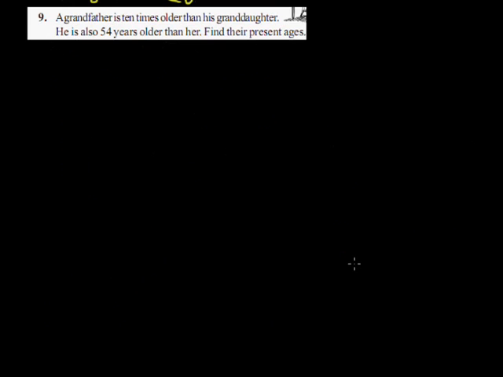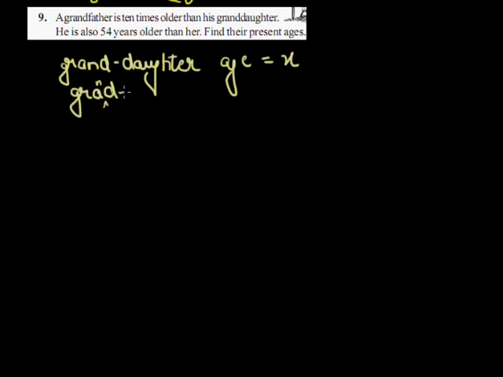Okay, the next question, the 9th question. Grandfather is 10 times older than the granddaughter. Let the granddaughter's age be assumed as x. If granddaughter's age is x, then grandfather's age will be equal to 10 times x, that is 10x.